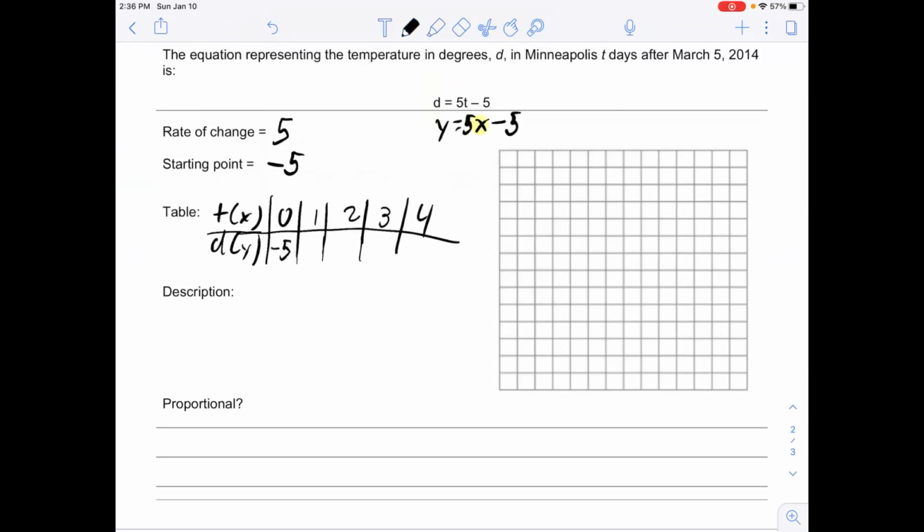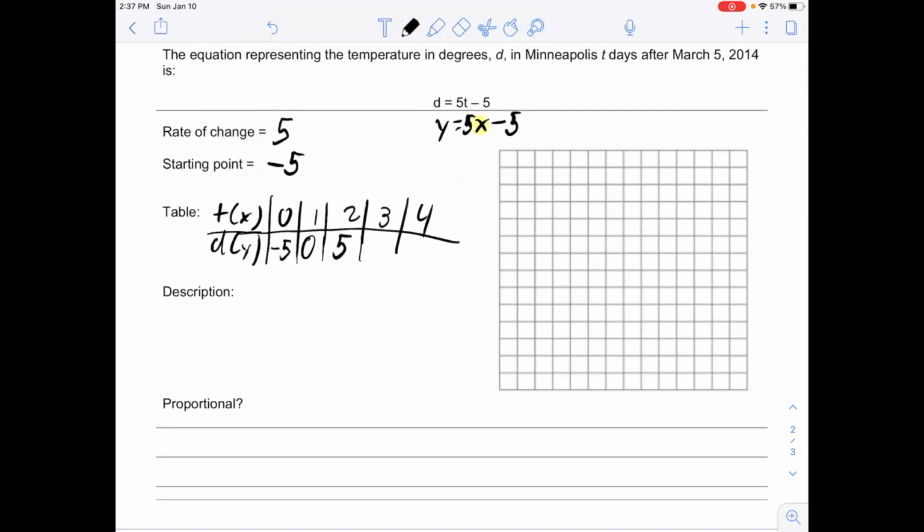For when t is 1, or x is 1, I would do 5 times 1 minus 5. Well, 5 times 1 is 5, minus 5, that's 0. For when t is 2, I would do 5 times 2, which is 10, minus 5 is 5.